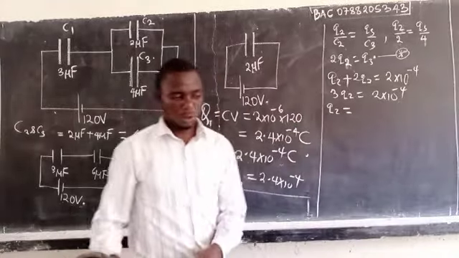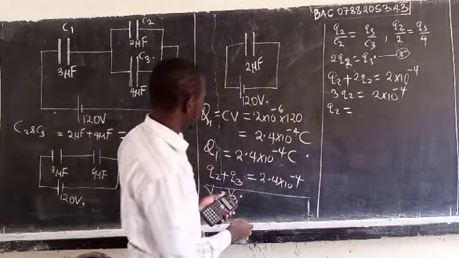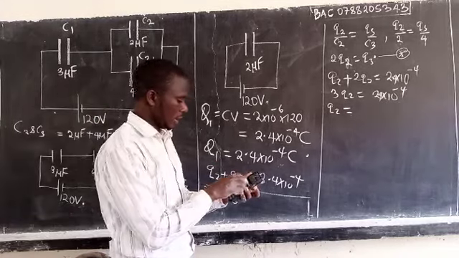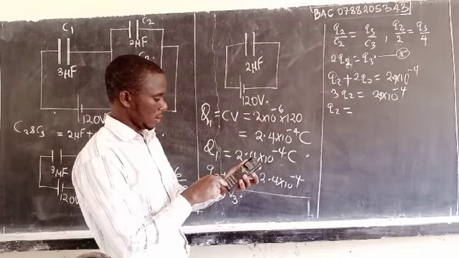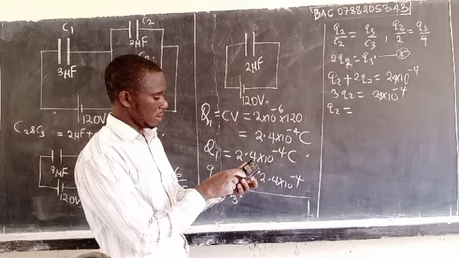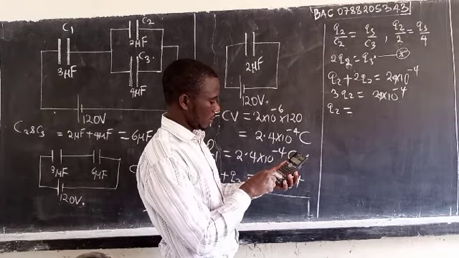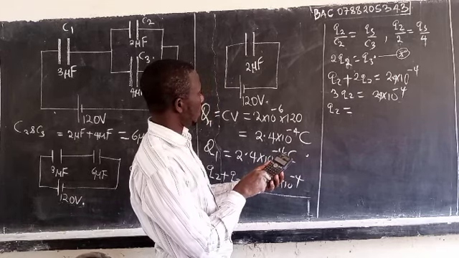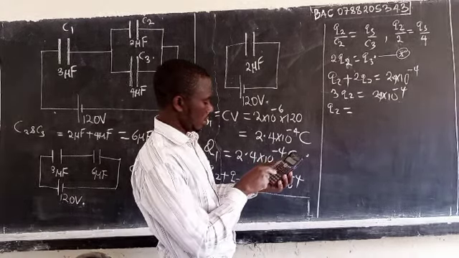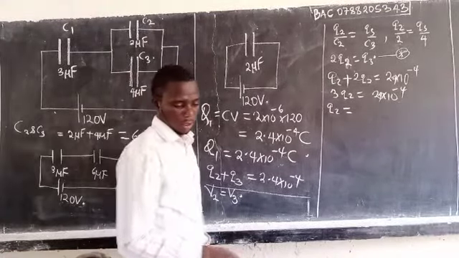And therefore, the charge 2 is got by 2.4 exponent -4, then divide by 3. That one should give you 8 exponent -5.